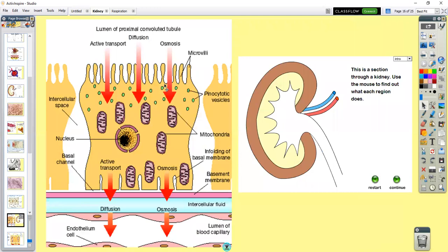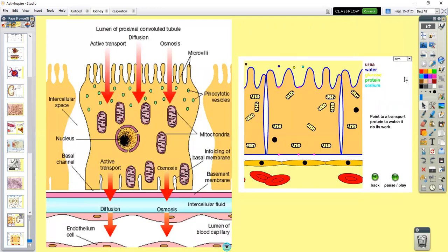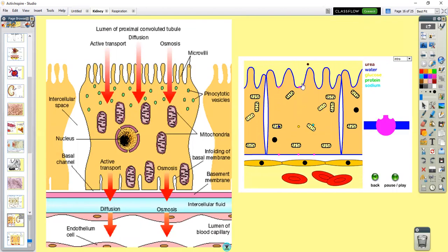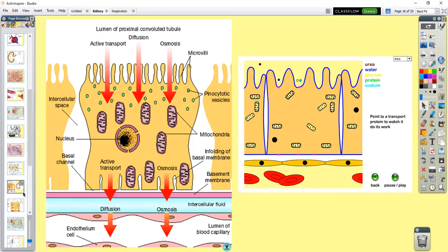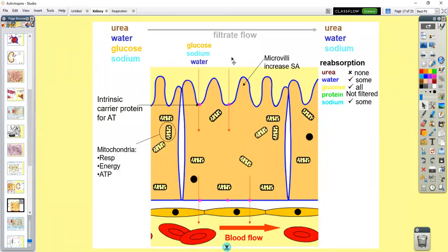And you can see that at the top here. If we take a look at that, you've got filtrate passing down through this highly folded layer at the top of the proximal convoluted tubule, and then you can also see you've got facilitated diffusion and active transport of certain substances passing into the blood capillary and then taken away, which maintains that concentration gradient. There again you can see those cells, with highly folded layers, so good for diffusion.